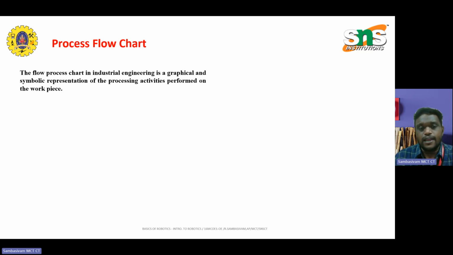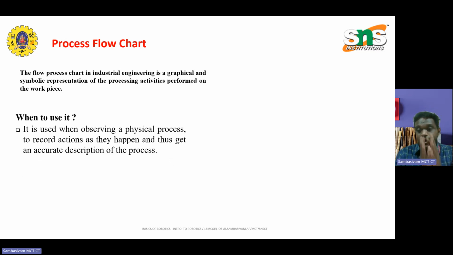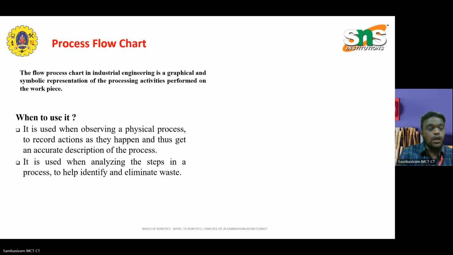It is used when observing a physical process to record actions as they happen and thus get an accurate description of the process. Analyzing the steps in a process with it also helps identify and eliminate waste.